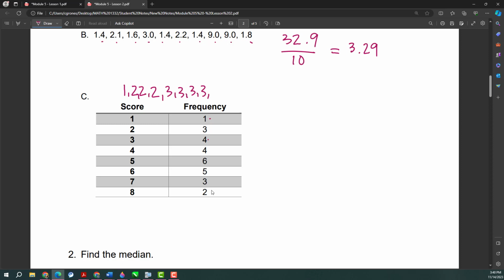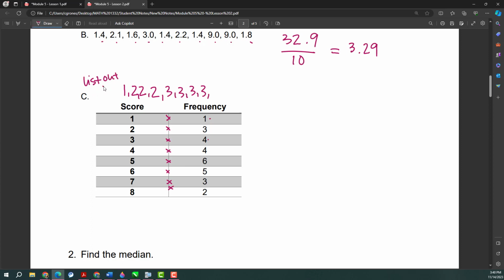Or you can multiply each of these across, and you can sum the multiples of all of those. So I'm going to list out both of the ways so you can see which way works for you.